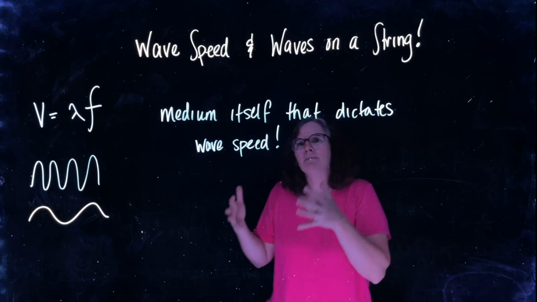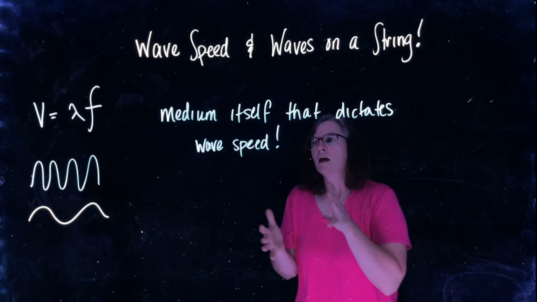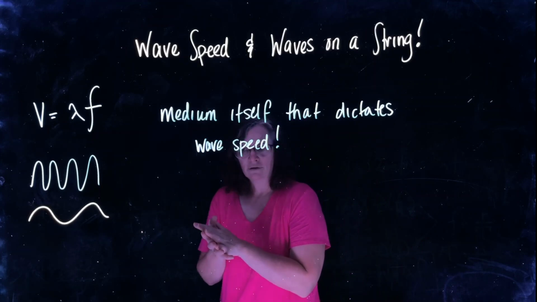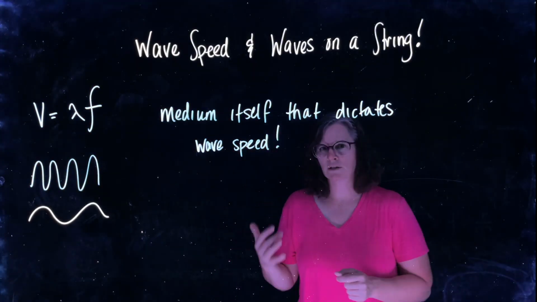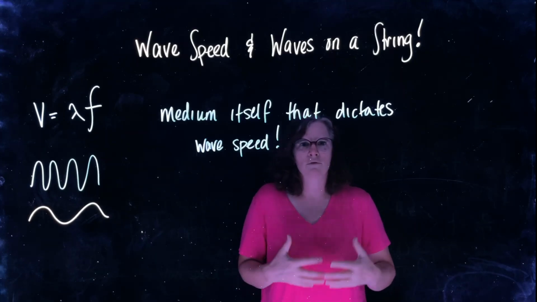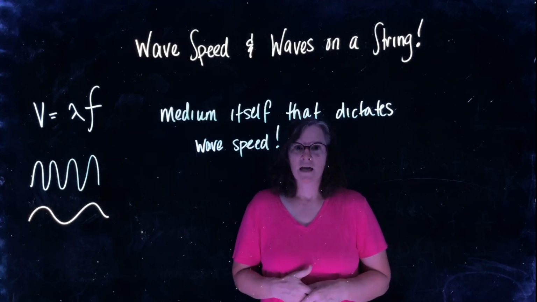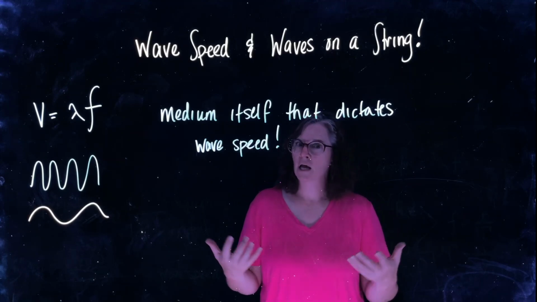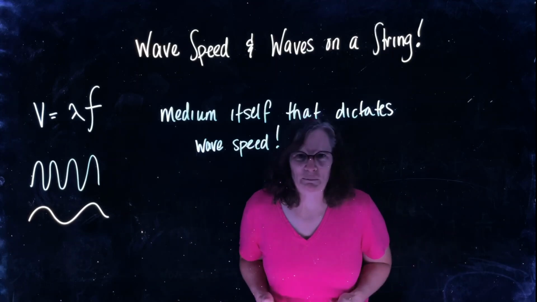So it's the medium itself that dictates the wave speed. All right? Every wave, whether high frequency, low frequency, large amplitude, small amplitude, every single wave travels through a medium at the same speed. If I change the medium, the speed changes, potentially, if it has a different medium makeup.